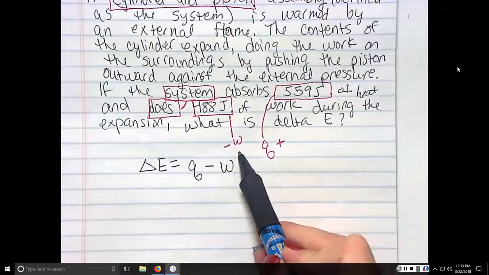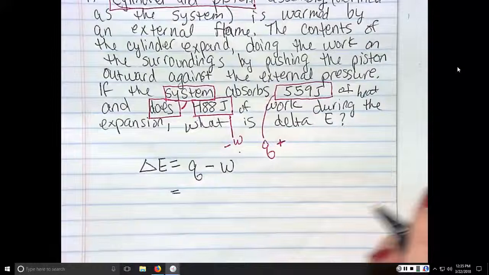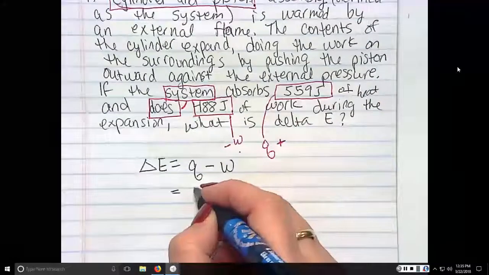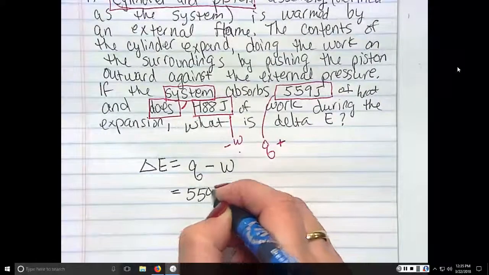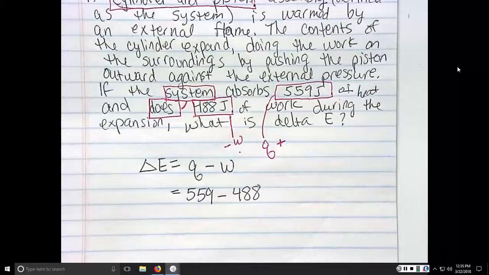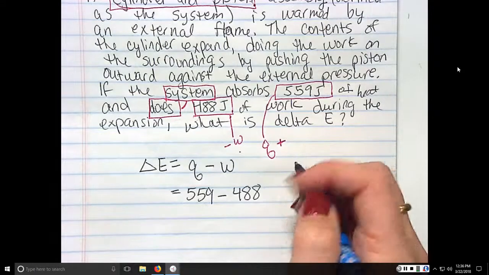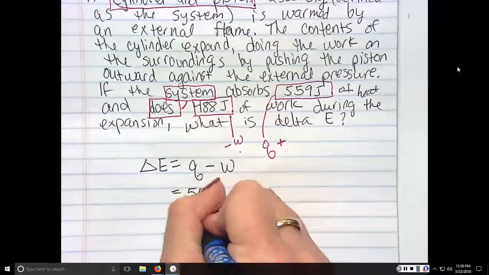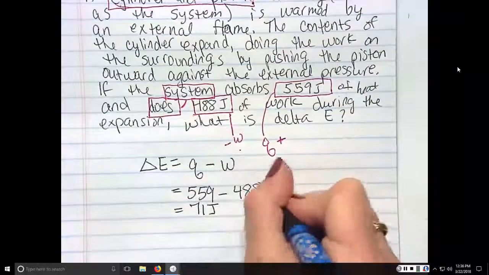Because I'm using a negative W. So I'm going to say 559 minus 488. And yes, it does matter if you put Q or W first. Keep it in order. Q, then W. Okay? All right. So doing the math, I've already done it. That's equal to 71 joules.